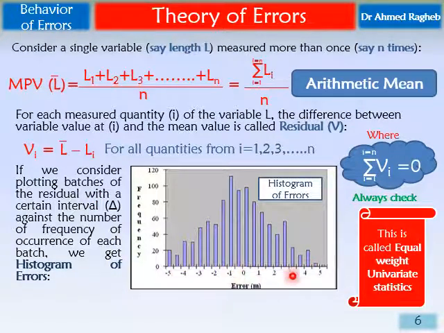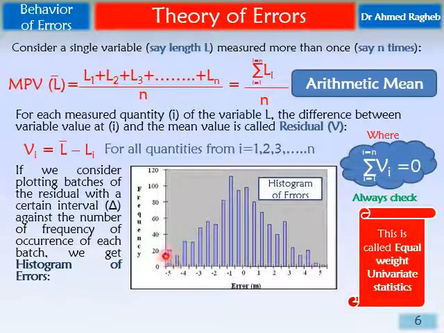Here I set the interval, and here I set the frequency of occurrence of this error. Basically, this is the error from 0 to 1. How many times did this V occur? Say 100 times. From 1 to 2, how many times did this error occur? Then it's 70 times, and so on.